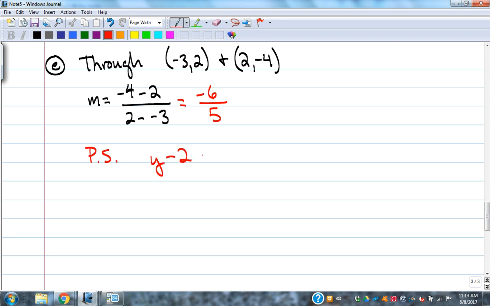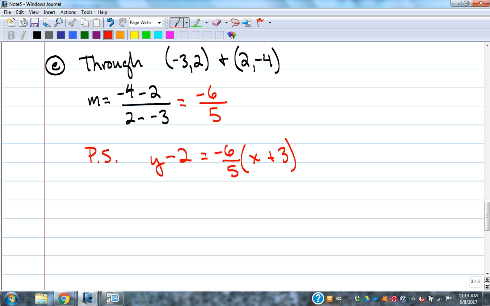Y minus 2 equals -6 over 5 times x plus 3. So that's using the first ordered pair to get into point-slope form. There is a fraction for the slope, and that's just part of it. It's going to happen pretty regularly.